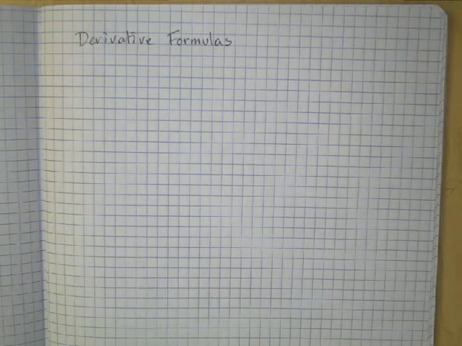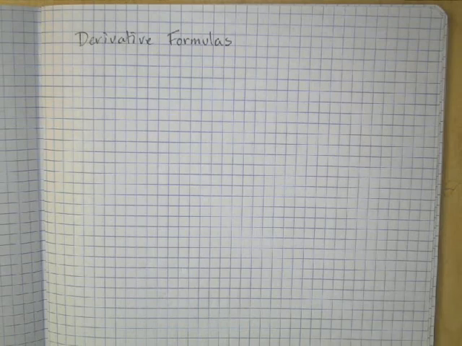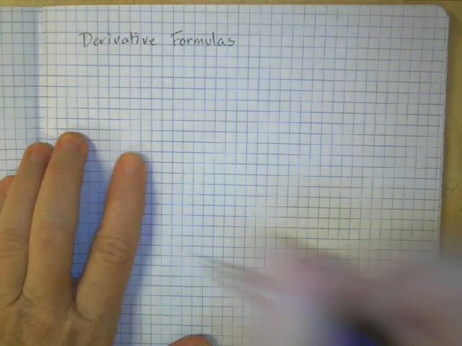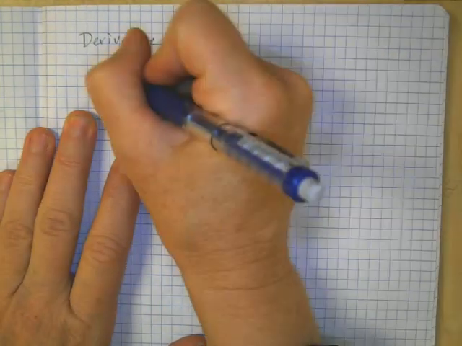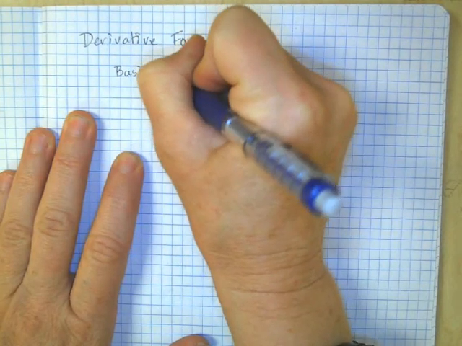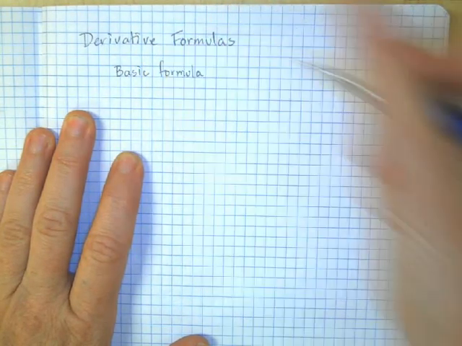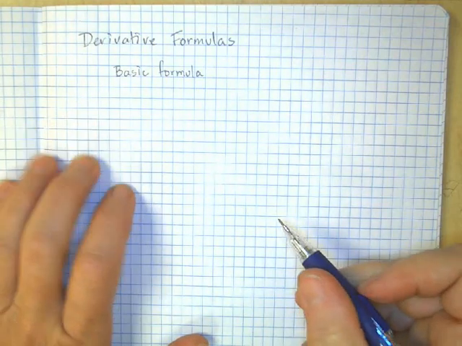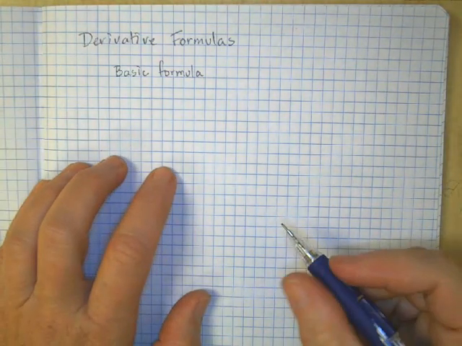Okay, so derivative formulas. So the first one is just for polynomials, so like x squared, x cubed, 2x squared plus 3x, stuff like that. So this is just our basic formula, which is the one that most people, when they're taking pre-calculus or calculus, it's the first one you learn.